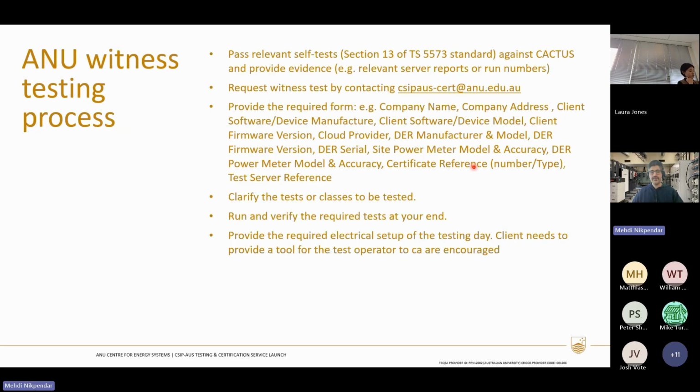As proof, we may need to capture the power meter models and use the datasheet or other means to validate that. And using the description Laura gave you about the class test, which you can find in the manual about the tests and different classes, we need to clarify what tests you need to pass.